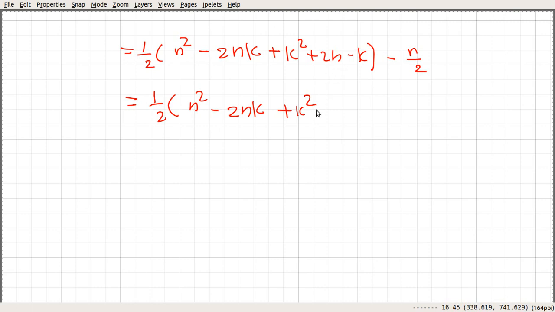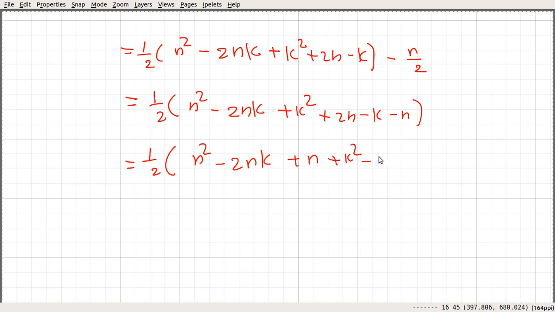So this will be k squared, plus 2n minus k minus n. Taking this 1 by 2 outside, that will be equal to 1 by 2 times n squared minus 2nk, plus 2n minus n, which is n, plus k squared minus k.